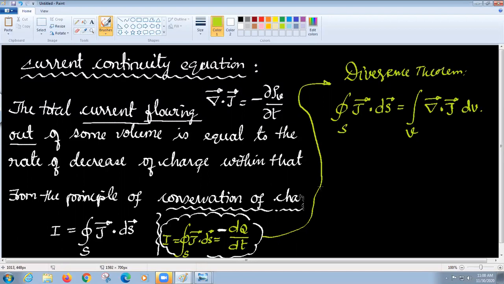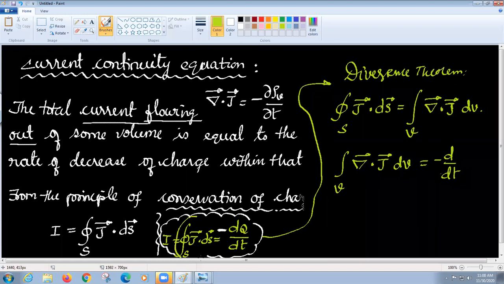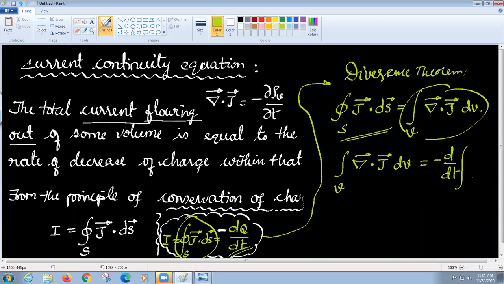Now the volume integration of divergence of J dV is equal to minus d by dt of the total charge in the volume, which is the integration of volume charge density over that volume.